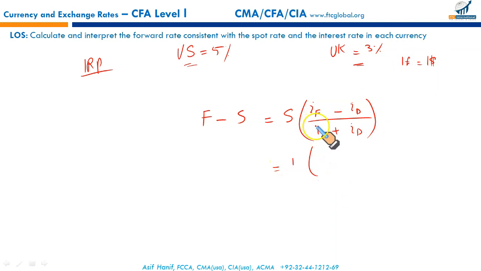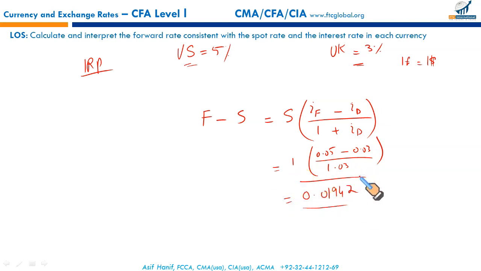Interest rate for foreign, that is 0.05. Interest rate domestic 0.03 over 1 plus 0.03 is going to be 1.03. So when you will simplify, this will give you 0.01942. So this is going to be the forward premium, that is $1 per pound.